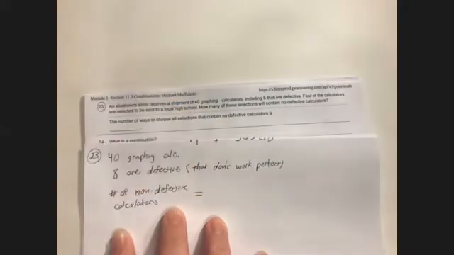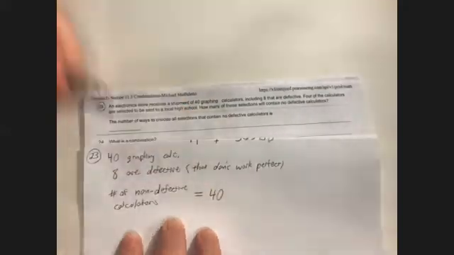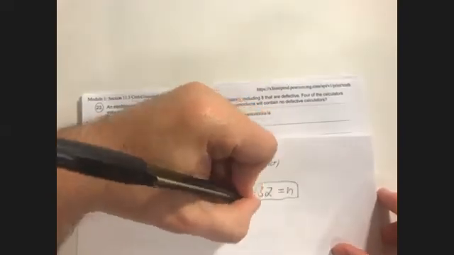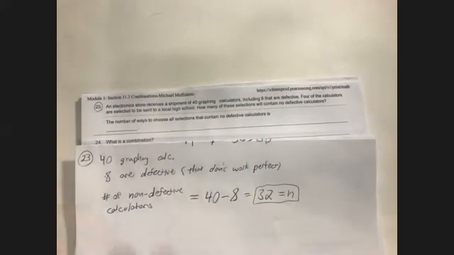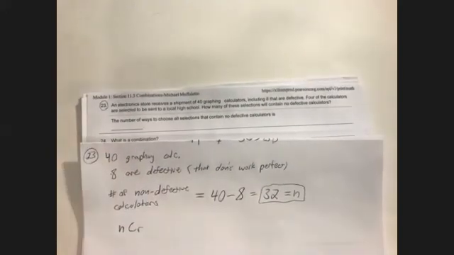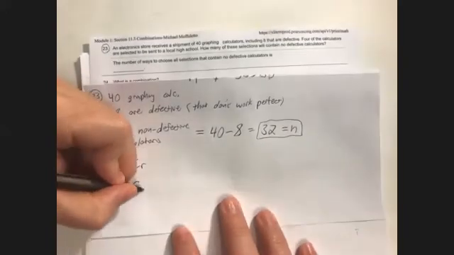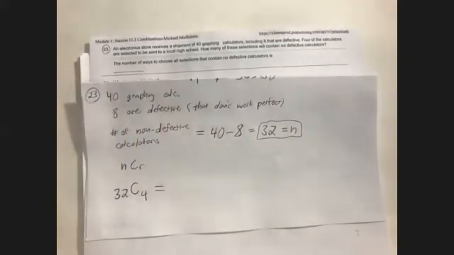Well, we've got a total of 40, 8 are defective, so we have 32 good working calculators. That is our N. So we're doing nCr. But what's our R? We want to send 4 of the calculators to the school. So 32 choose 4 is our problem.